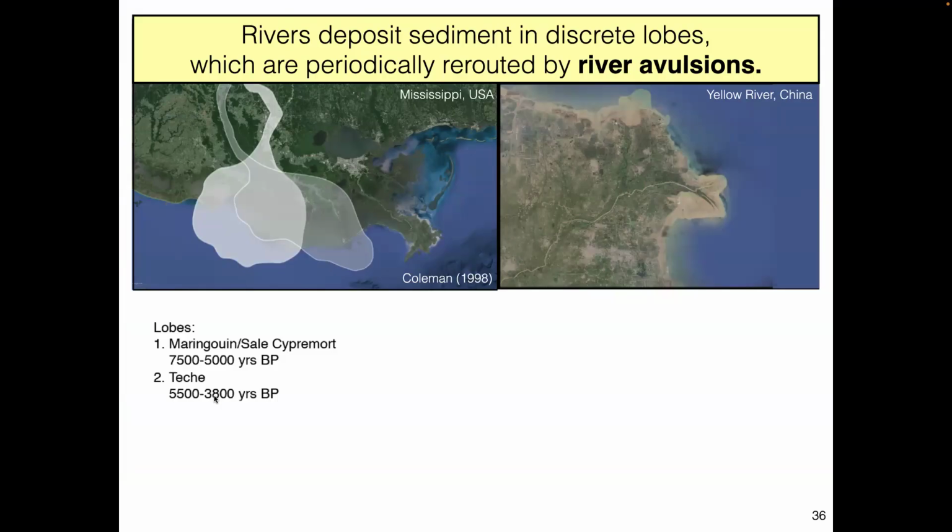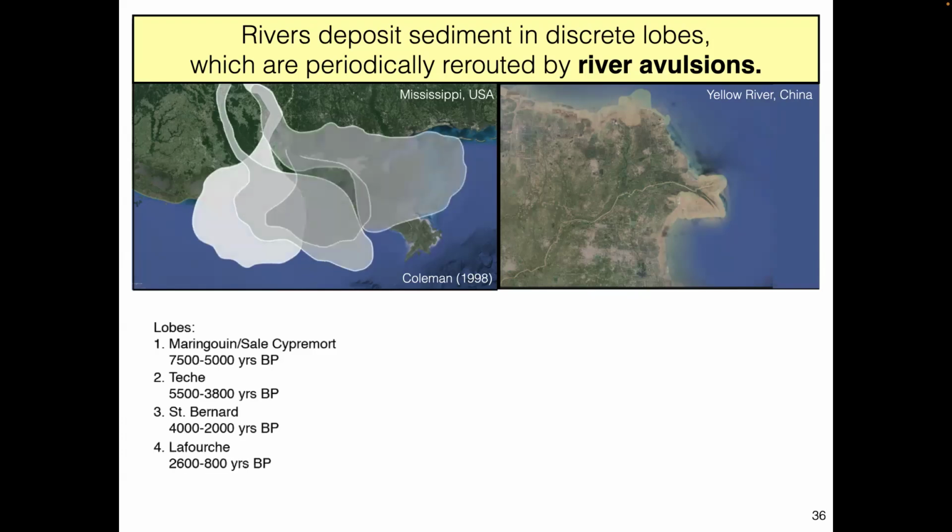This process is called a river avulsion. It's basically finding a new path of the river. And this started to build a new lobe in this darker shaded gray area. Another avulsion occurred at about 4,000 years ago, and then again at 2,600, and then again at around 1,000 years ago, giving us this modern configuration of the Mississippi Delta.